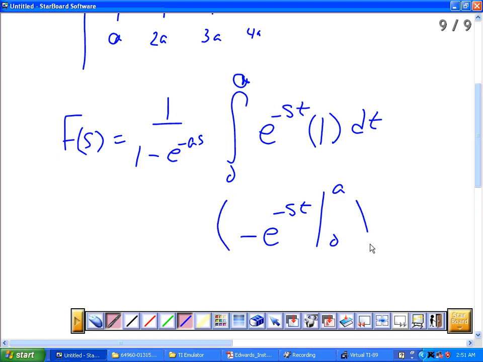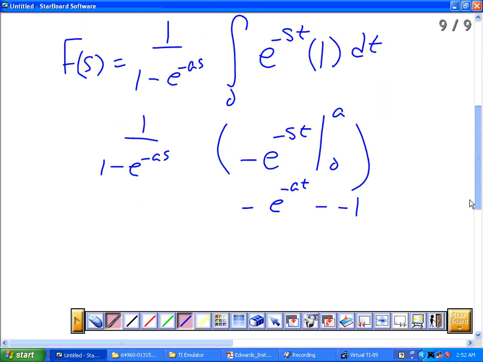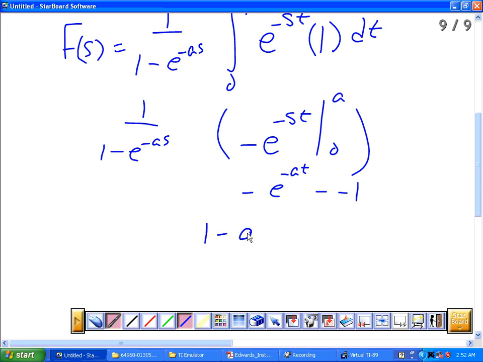All this out front just stays a constant. So if you plug that in at the top end, you're going to get a negative e to the minus at. At the bottom end, you're going to get a minus 1. Should be an s. We do it with respect to t.